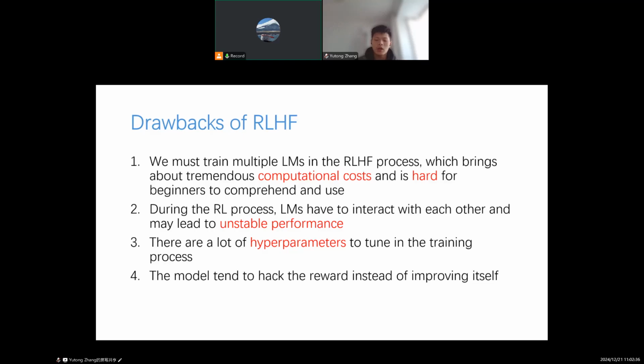which has a very heavy computational cost. The second is during the RL process, LLMs have to interact with each other and this may lead to unstable performance. Third, there are a lot of hard parameters to tune in the training process, right? So for example, we have things like the gradient step or beta or many other things here.